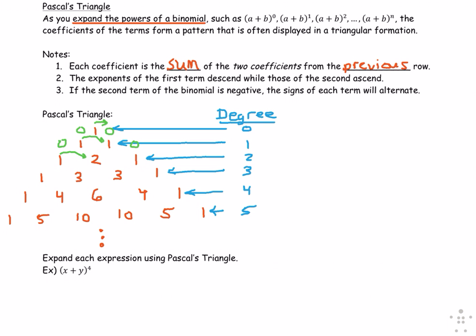What's also useful about having the zeros along the sides is that then you have the pattern a little more easily.